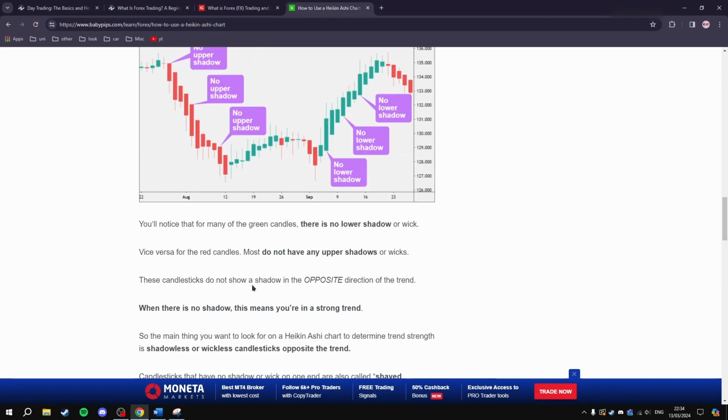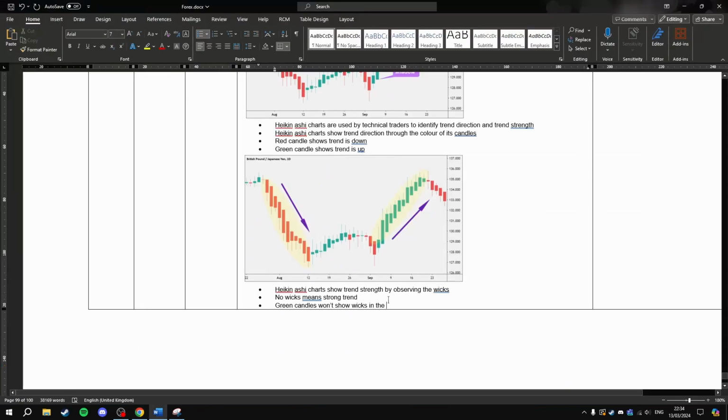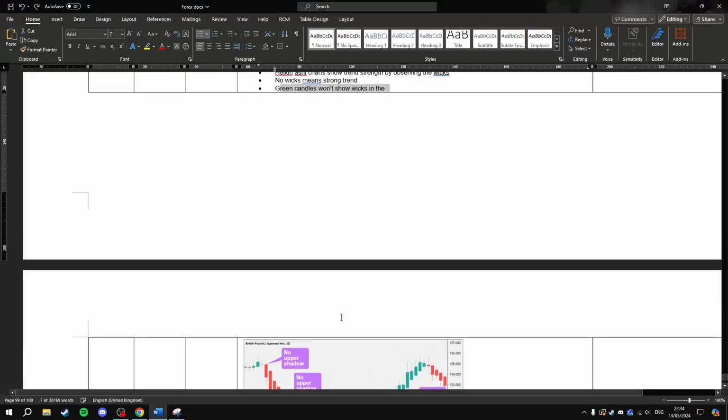So the statement that these candles do not show a shadow in the opposite direction of the trend is not always valid.